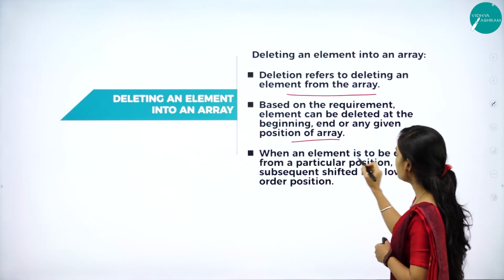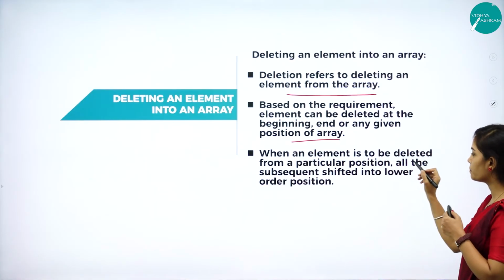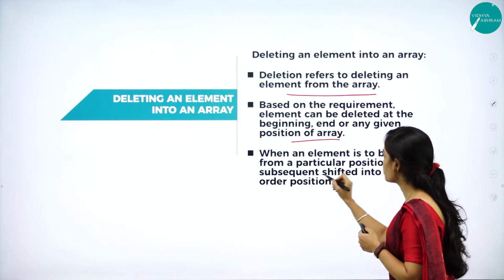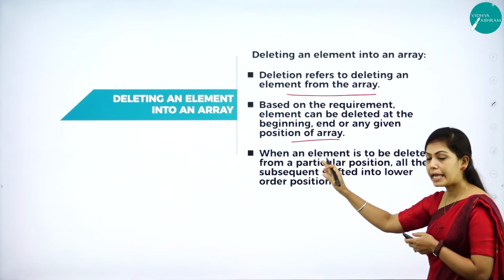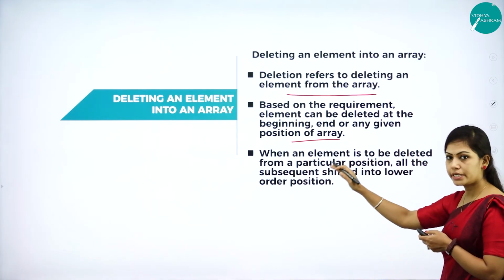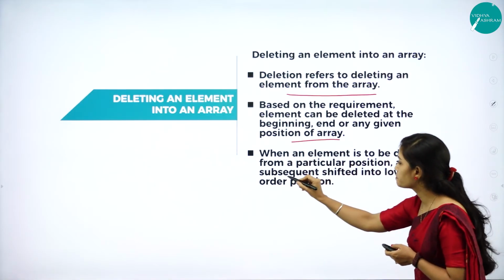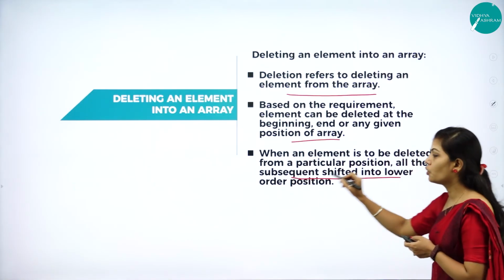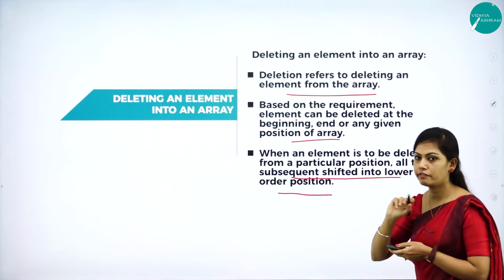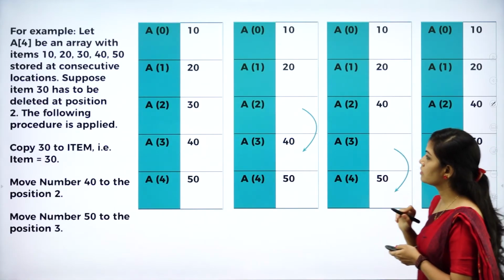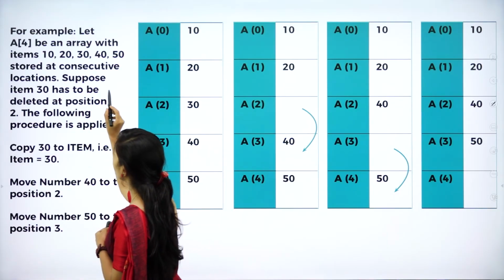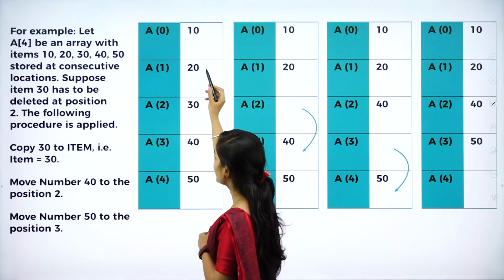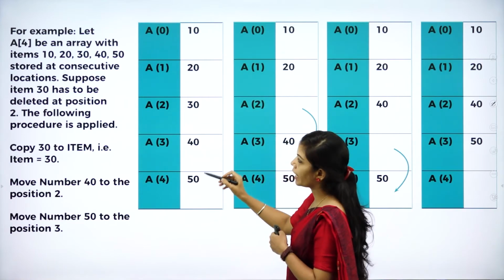When an element is to be deleted from a particular position, all the subsequent elements are shifted into the lower order position. I will show you. So what is the lower order position? Example, let A be an array with items 10, 20, 30, 40 and 50.